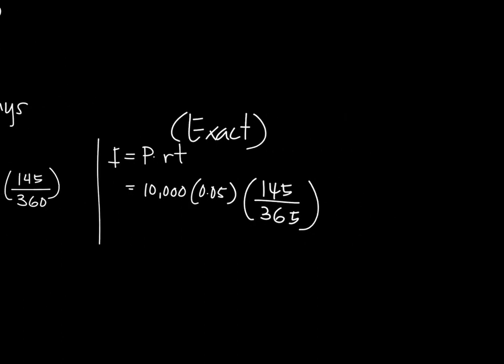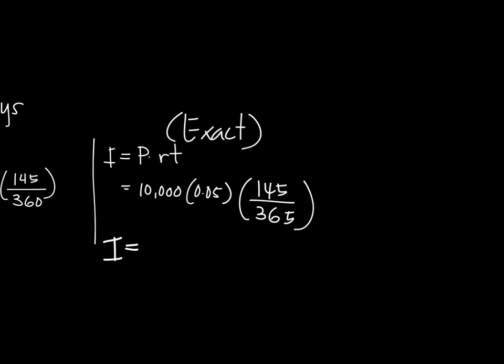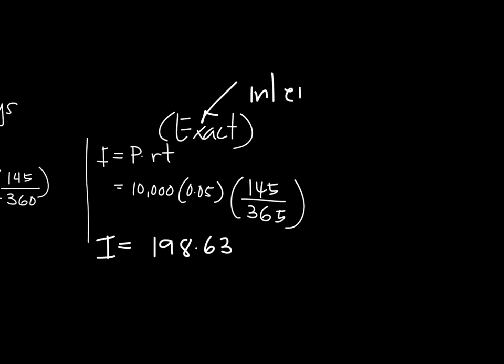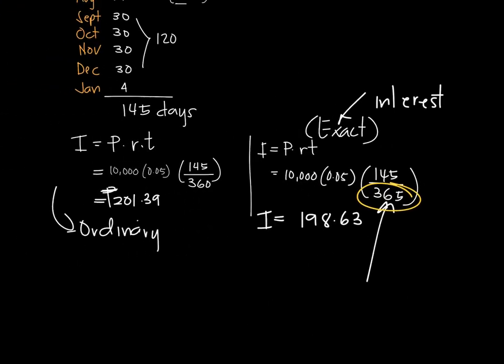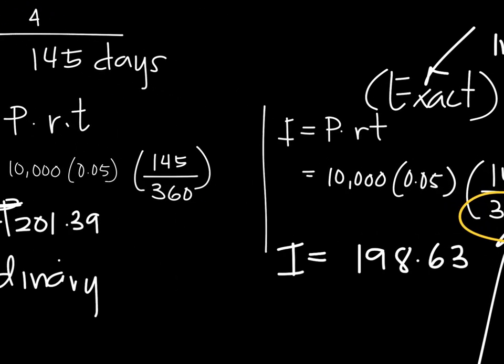For the other one, I is equal to 10,000 times 0.05 times the fraction 145 divided by 365 days, so that will give you 198.62. This is exact interest. Do not confuse it with the exact time. For exact interest, the effect is on the conversion: 1 year is 365 days. Ordinary interest, 1 year is 360 days.